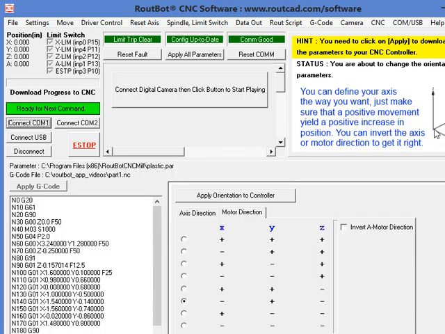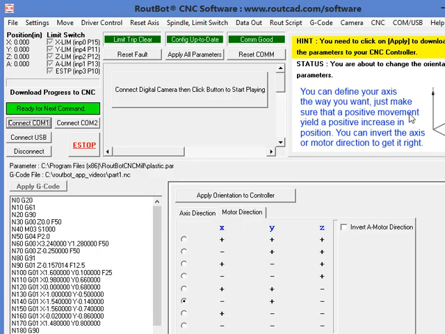The CAD-CAM might have the x-axis going this way and the y-axis going this way. It is much preferable to have your CNC axis set the same way your CAD-CAM is set. It makes it much easier to work and understand what's going on. But at the end of the day, you decide to set your axis orientation the way you want.